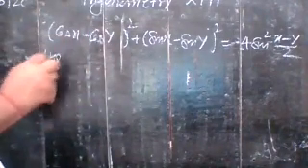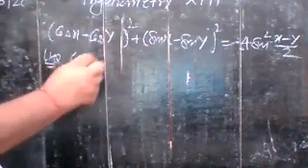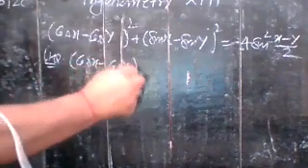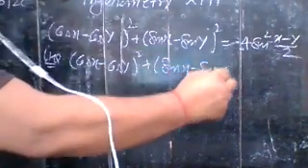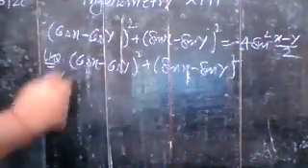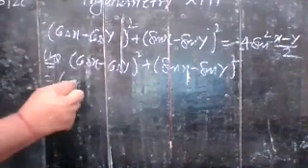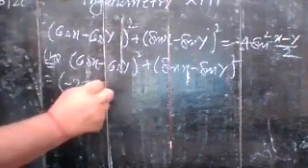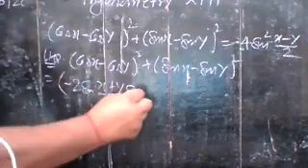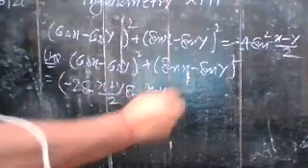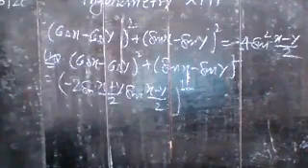So here you take the left side, which is (cos x minus cos y) whole square plus (sin x minus sin y) whole square. Applying here, minus 2 sine (x plus y) by 2 sine (x minus y) by 2, whole square. You write in this way.